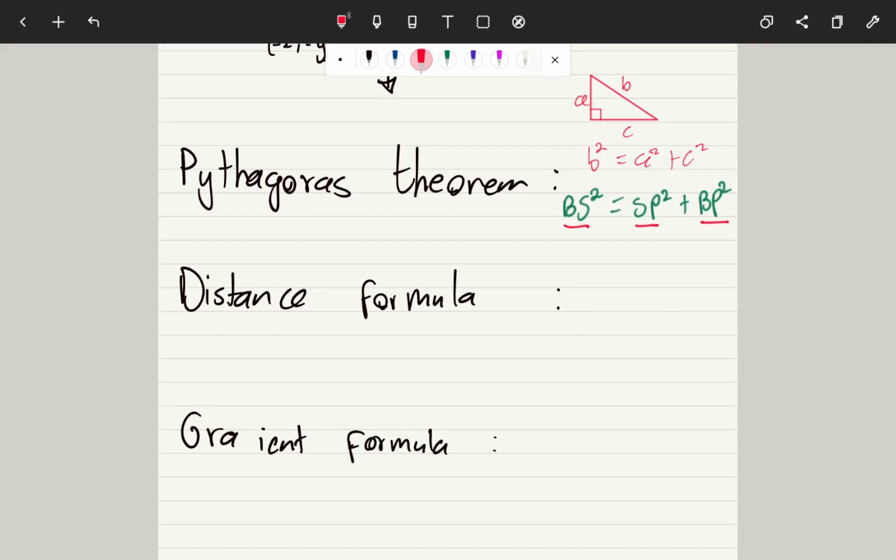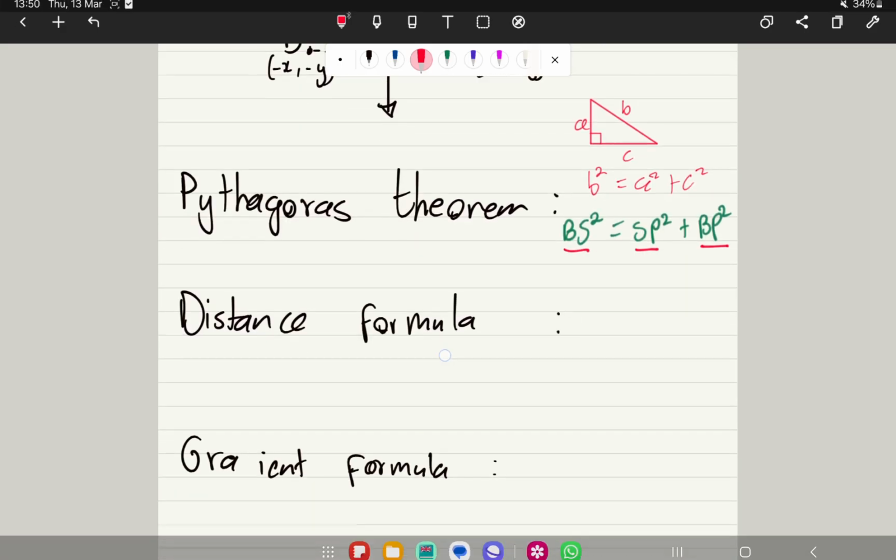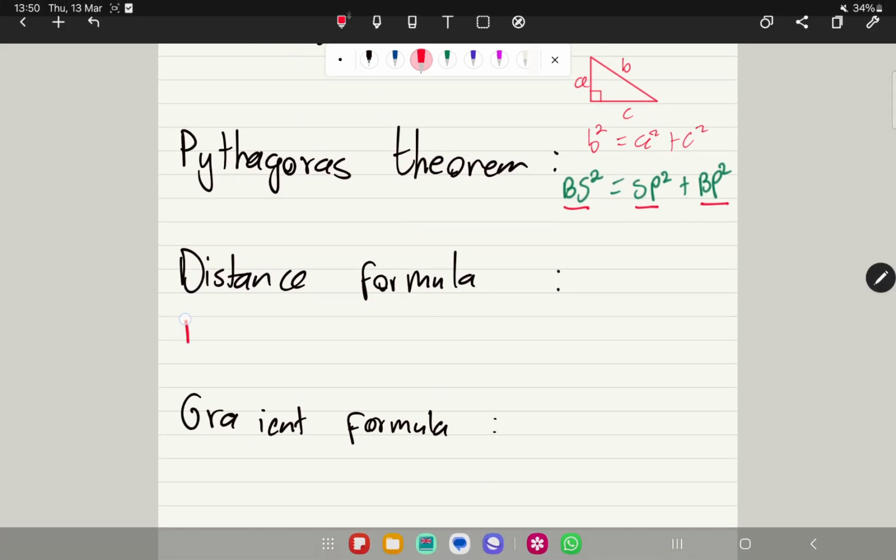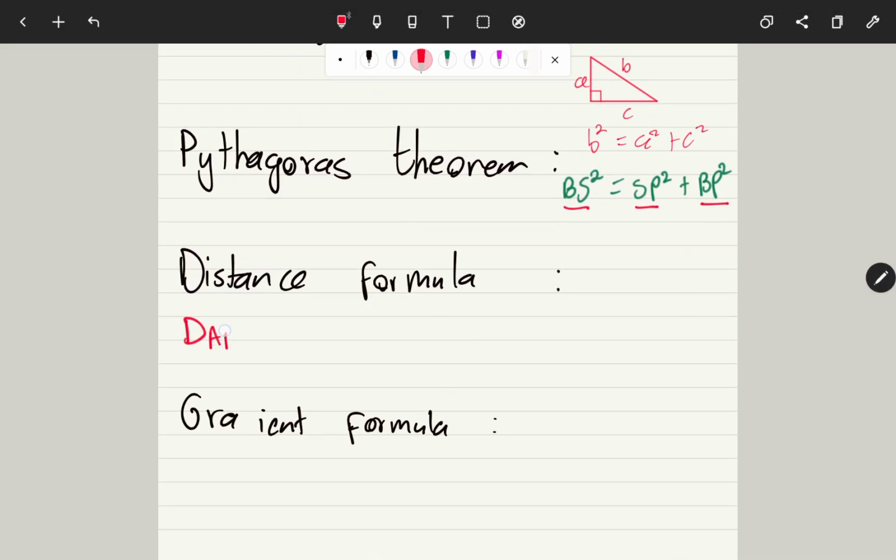So the distance formula between point A and B is equal to what? It's going to be the square root of (y1 minus y2) squared plus (x1 minus x2) squared. That's your distance formula.